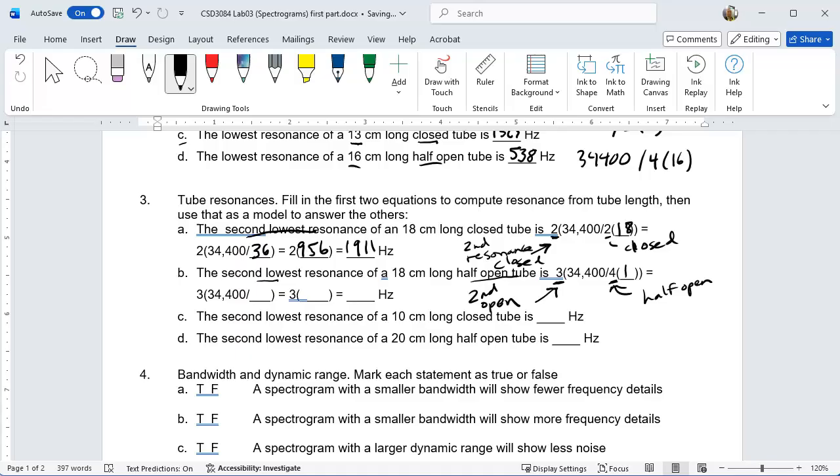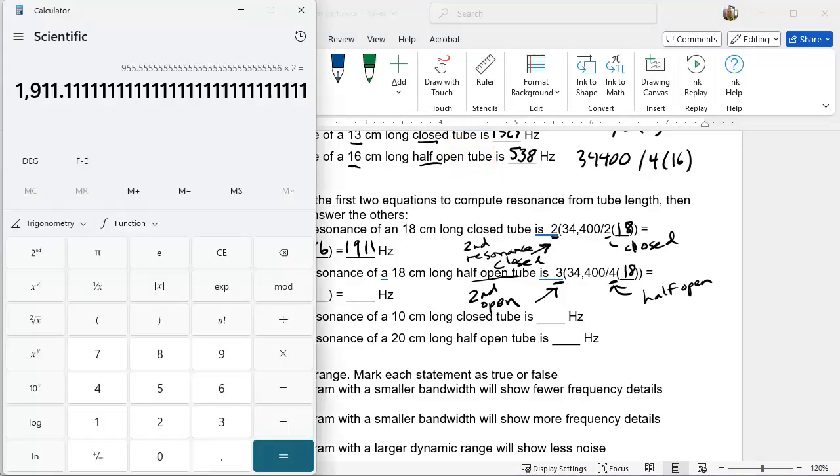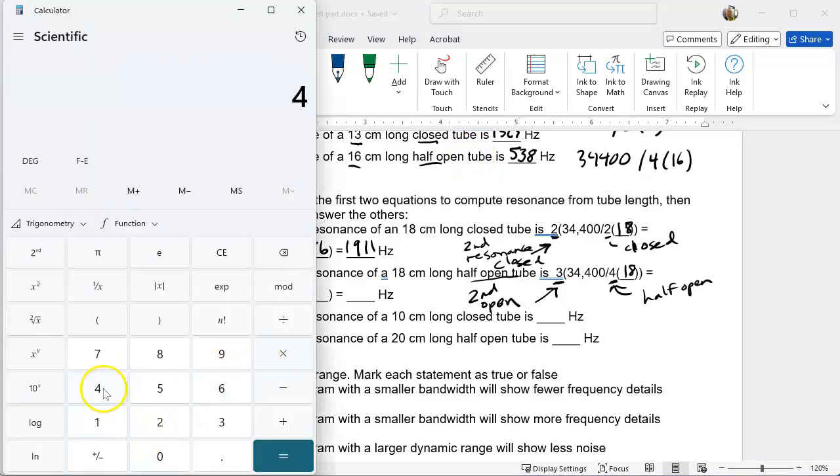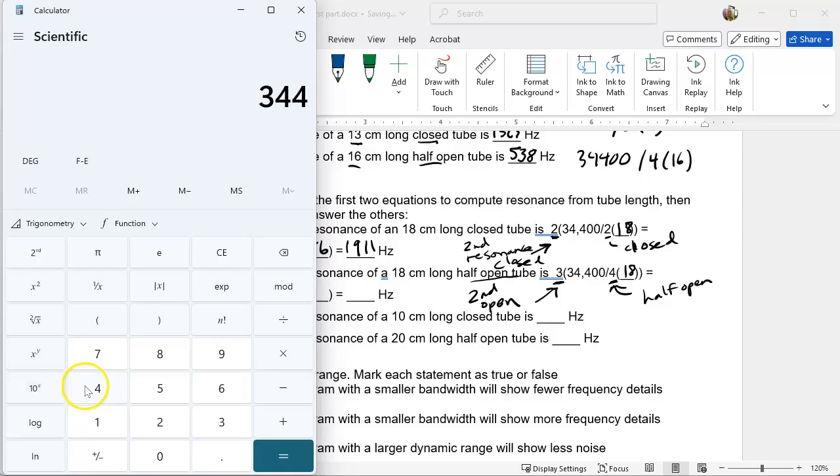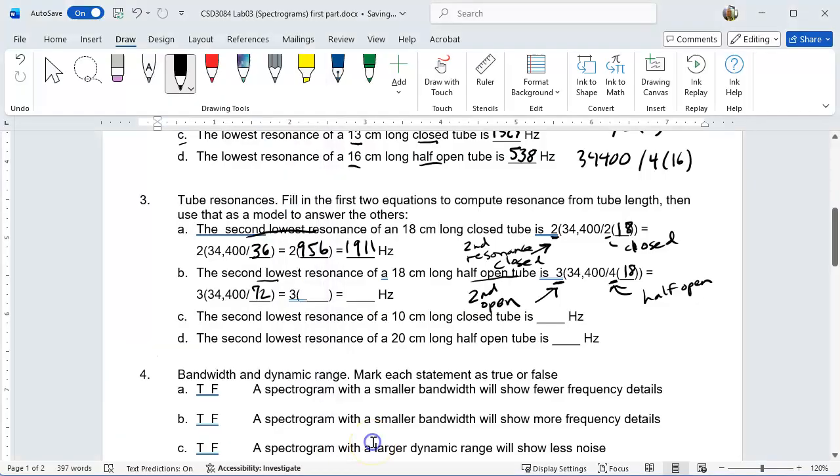Okay, so again, I have an 18 centimeter tube. 4 times 18 is going to give me 72, but let me just double check. 4 times 18 is indeed 72. So now I'm going to take 34,400, my speed of sound, divide it by 72, and I get 478 if I round off, which, for writing it down, I kind of have to.